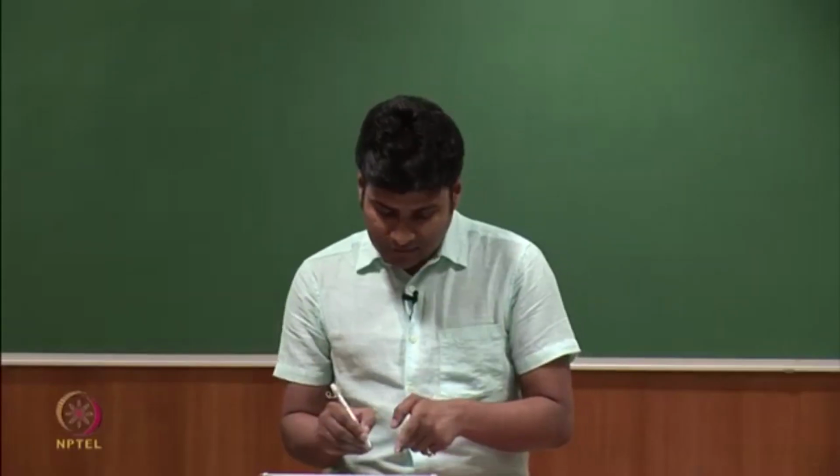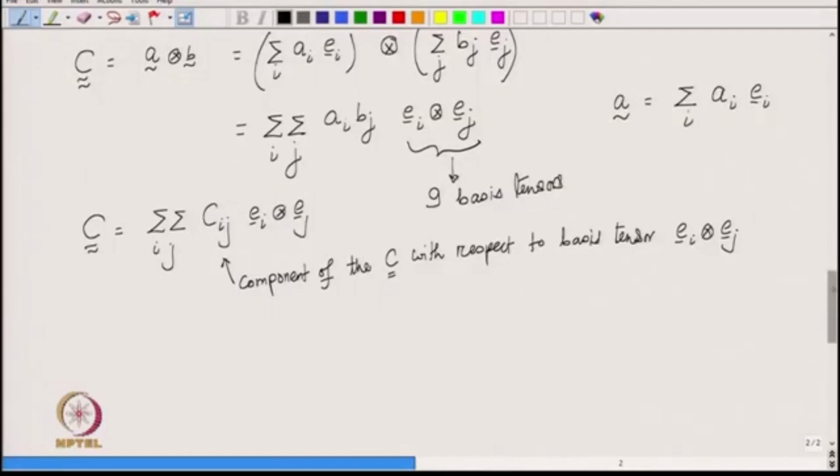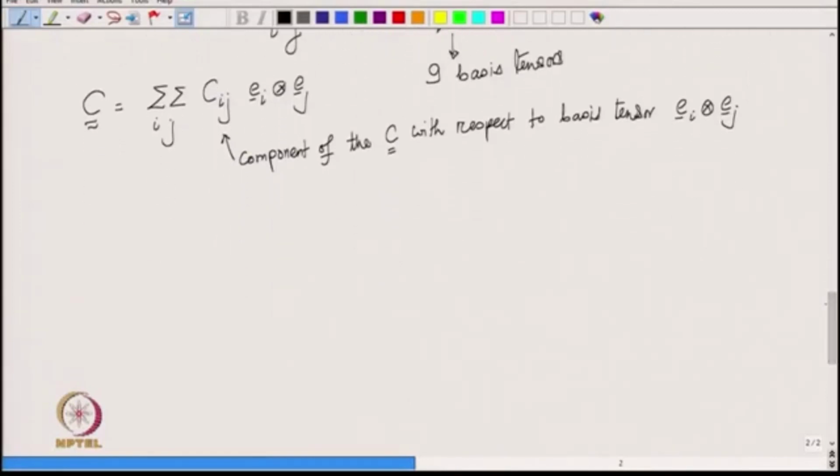Let us see what we get in the matrix form. In this double summation, take one of the terms, let us say C 1 2 e 1 tensor product e 2. Now, if I write it in the column form, the first one will be a column, where the second one becomes a row.